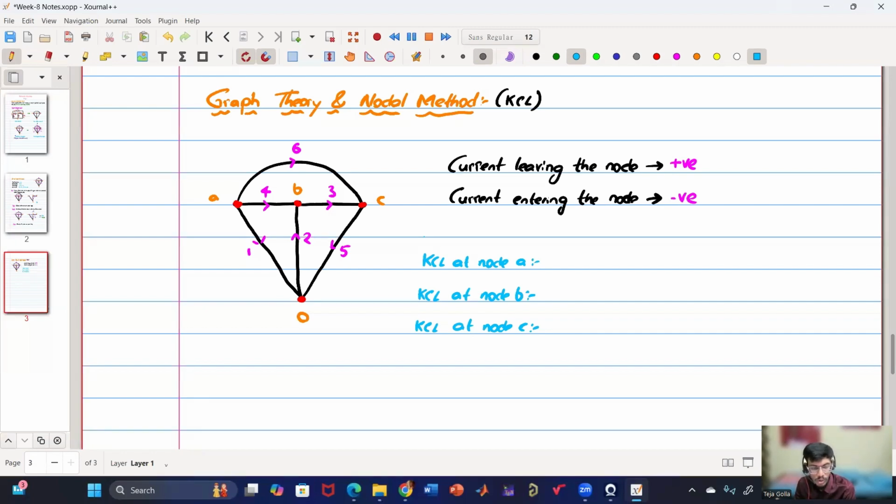So in KCL at node A, what currents are leaving? IE1, IE4 and IE6, right? So what will be the equation? IE4 plus IE1 plus IE6 is equal to 0. Does everyone agree, or any doubt?